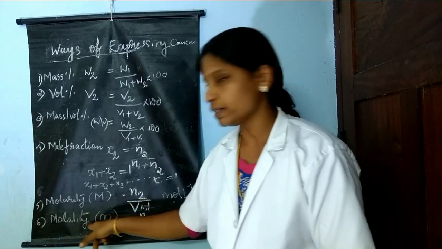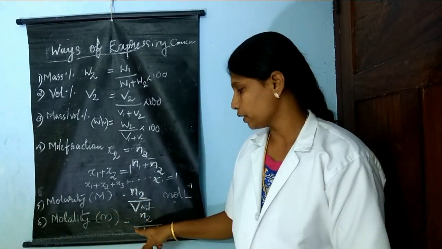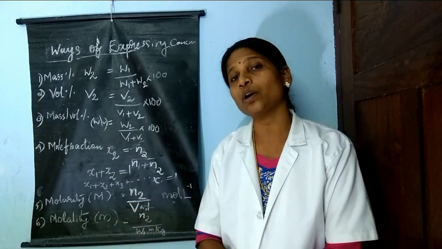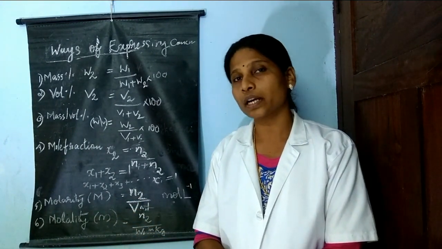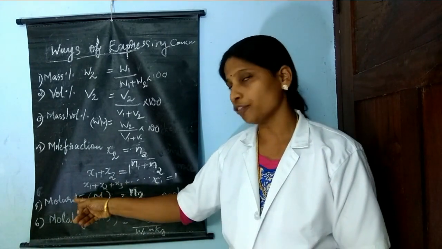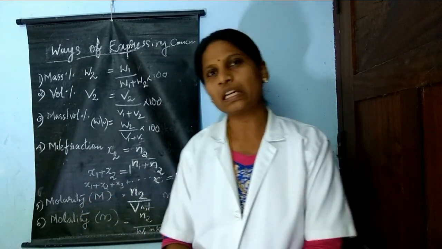And then molality. Molality is denoted by the small letter m. And here it is the number of moles of solute dissolved in 1 kilogram of solvent. Here we are considering weight of solvent in kilogram, but in the case of molarity, we are considering volume of solution in liter.